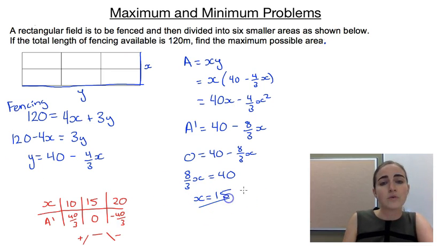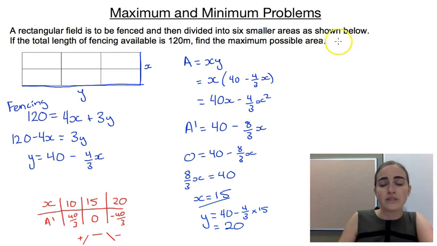So we've got our x value, but we do need our y value as well. So to find our y value, there's a couple of places we could substitute it in, but probably the easiest is in here because we've already got y as the subject. So we would have 40 minus 4 over 3 times 15, which would give us 20.